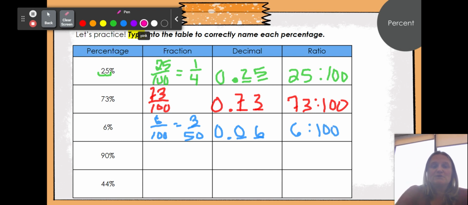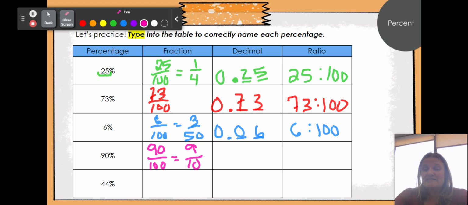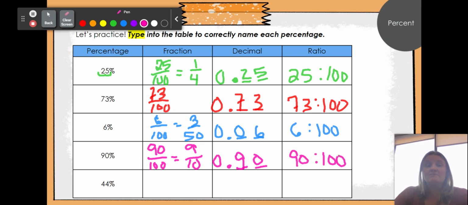Okay, try 90%. You should have 90 out of 100. That could be equivalent to 9/10. If I'm going to write that as a decimal, hundredths has 2 spots afterwards. 90 hundredths is written like that with my 0 placeholder, and my ratio is 90 to 100, or 9 to 10.